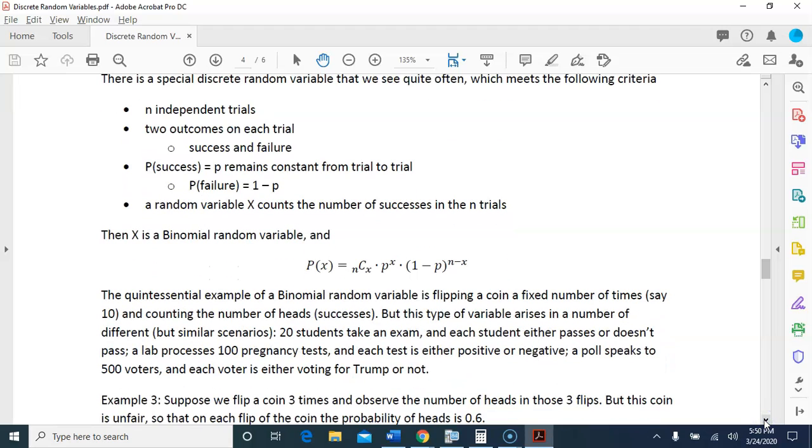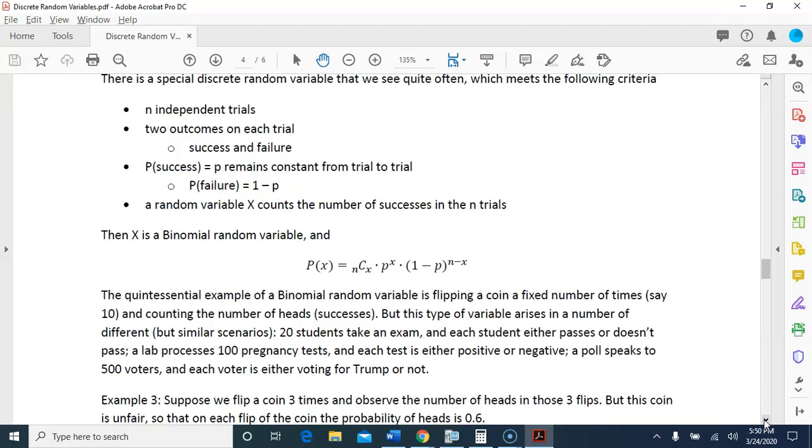The quintessential example of a binomial random variable would be tossing a coin a certain number of times and counting the number of heads. If you know ahead of time how many times you're going to flip it, in this example 10, then n is 10. You know ahead of time there's going to be 10 trials. Every trial is either heads or tails, so there's only two outcomes on each trial, and so on.